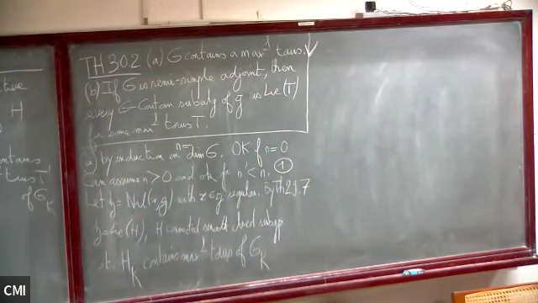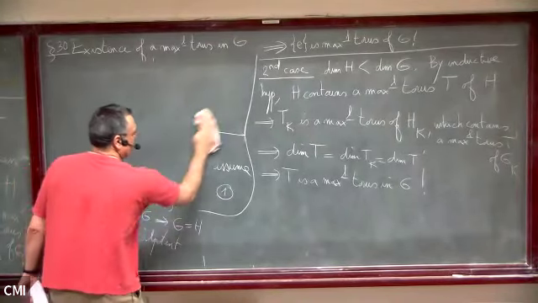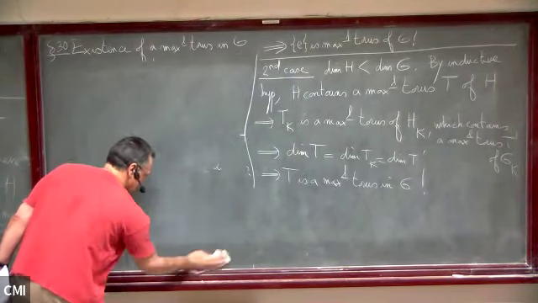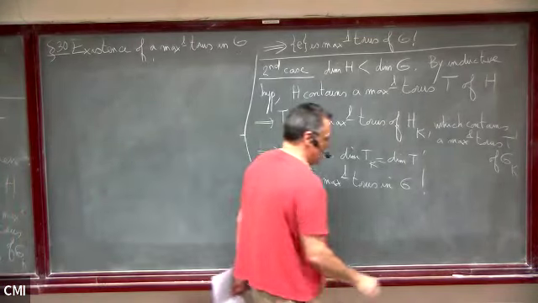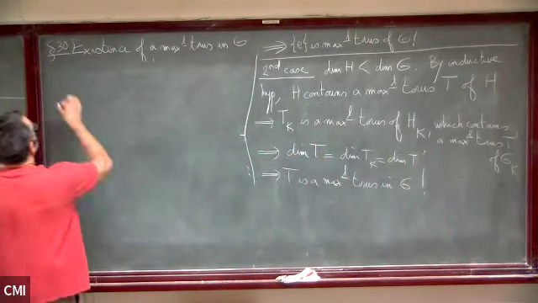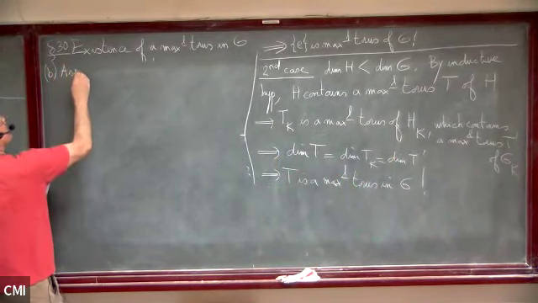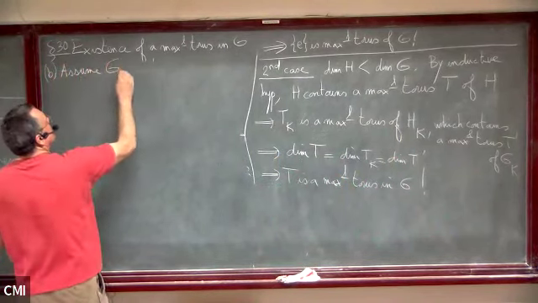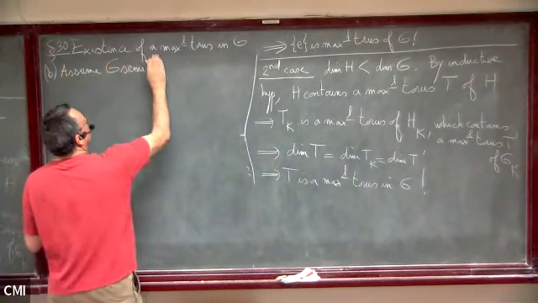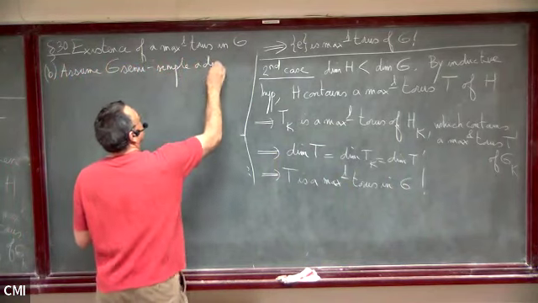Okay, so we can get rid of this. And let's prove the second one. So second assertion, so assume G semi-simple adjoint.